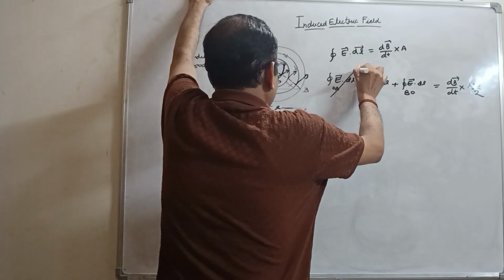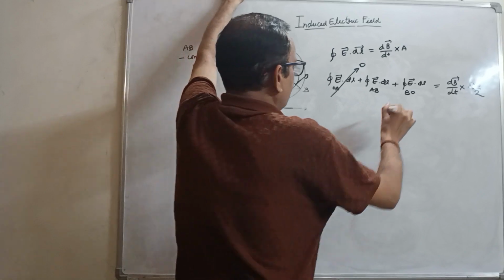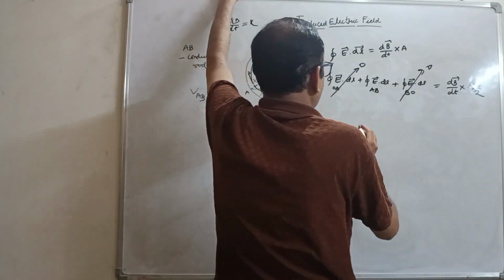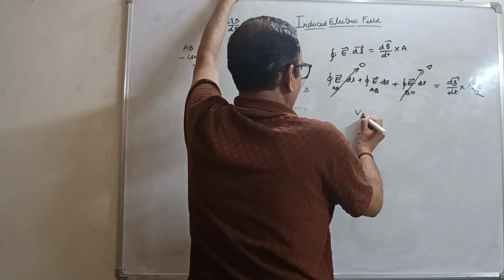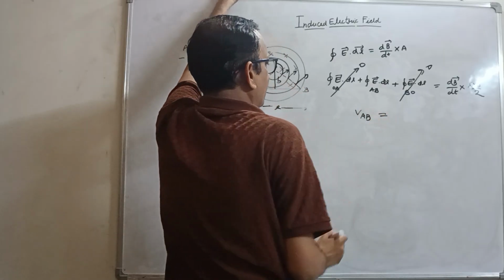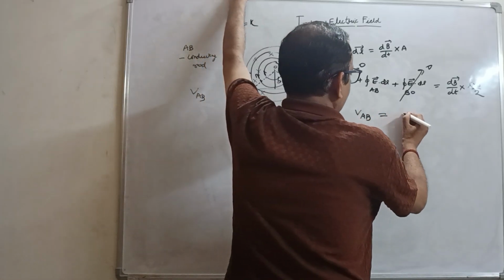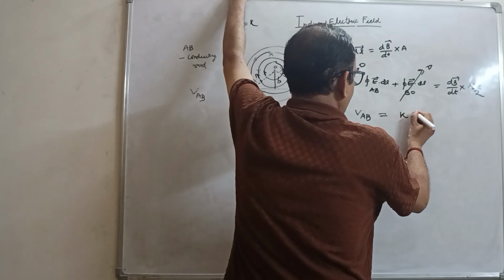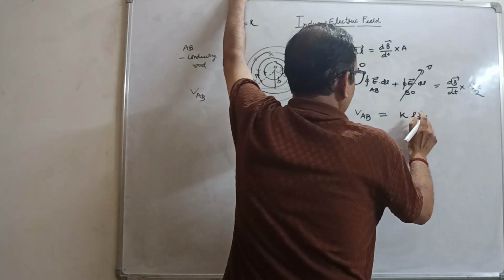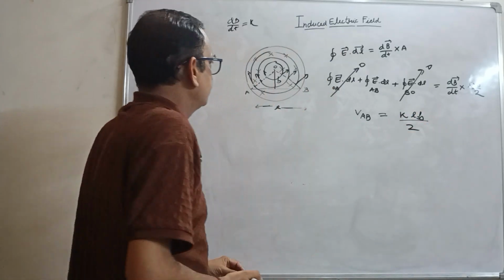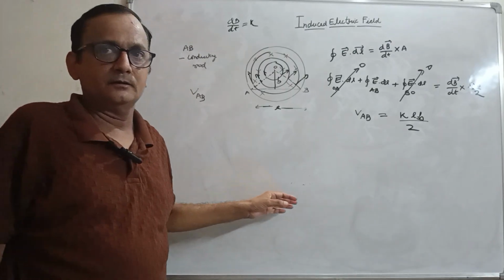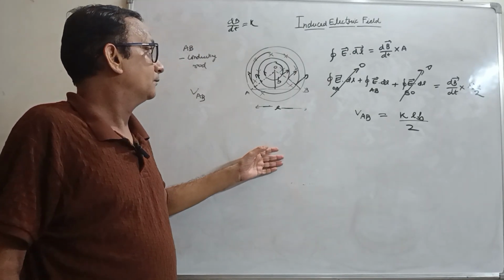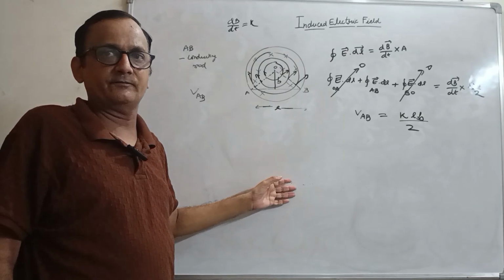So the potential across OA would be 0 and BO also 0. So the potential across AB would be K L B by 2. So this is the induced electric field.